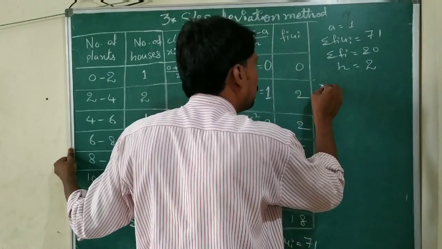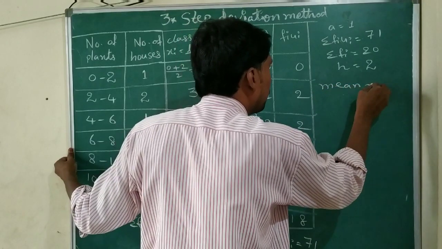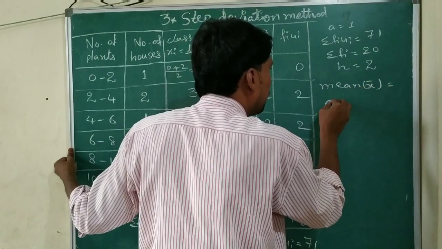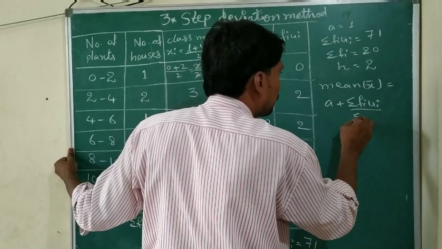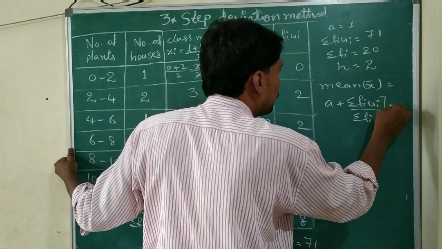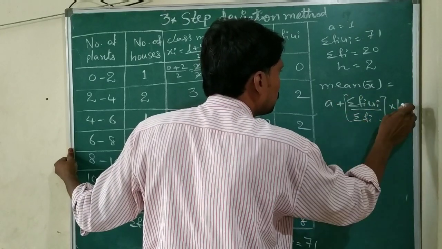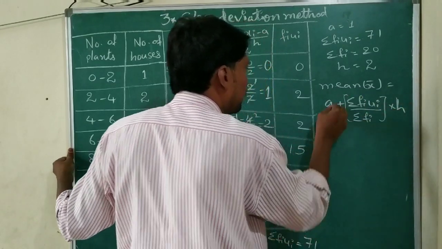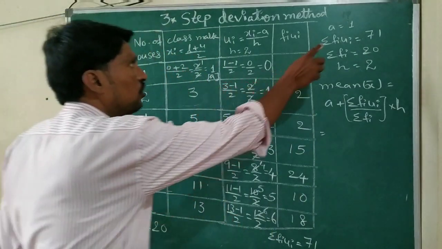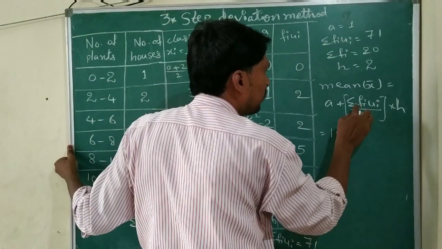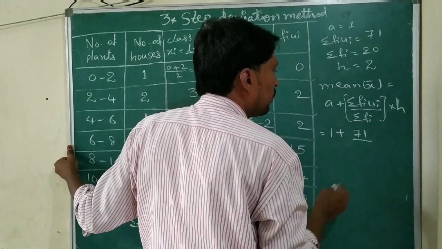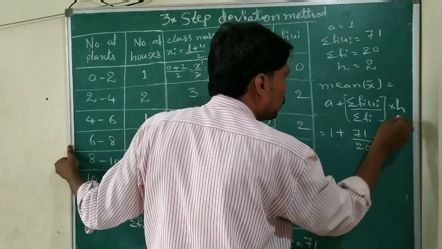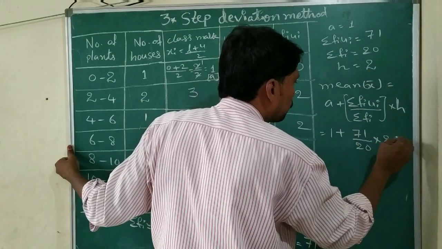Now we can write the mean: x bar equals a plus sigma fi ui by sigma fi, into h. So a is 1, plus 71 by 20, into 2.